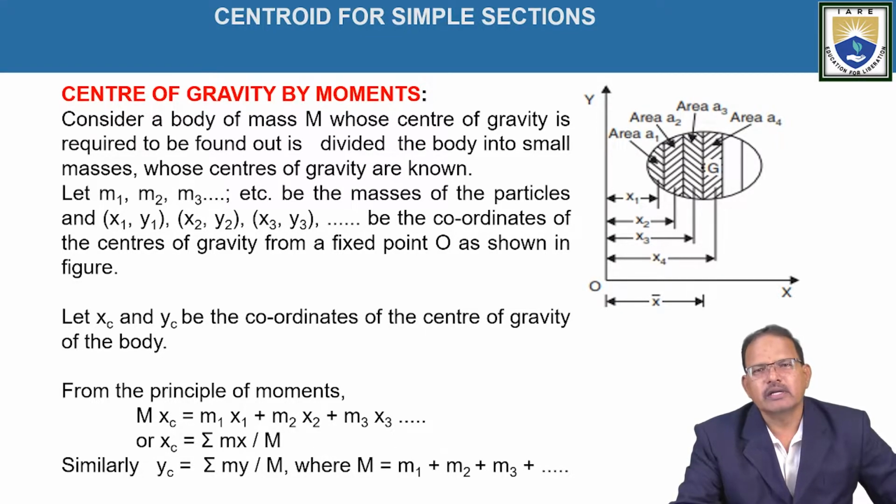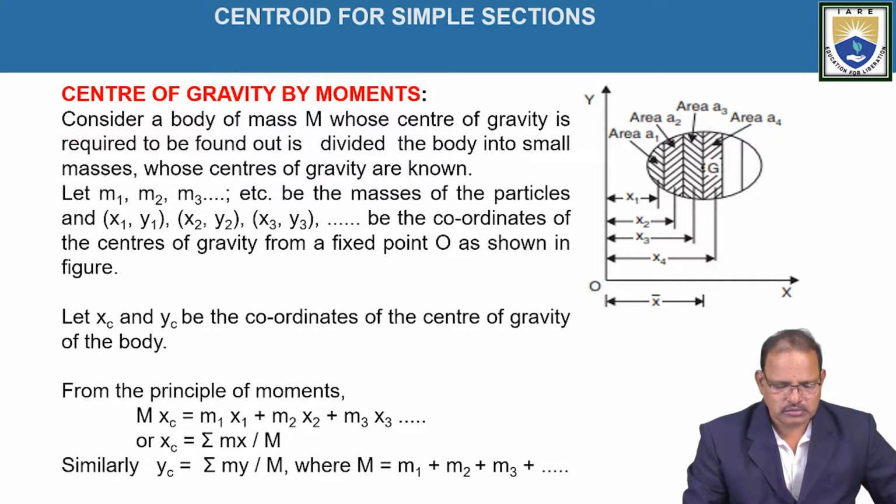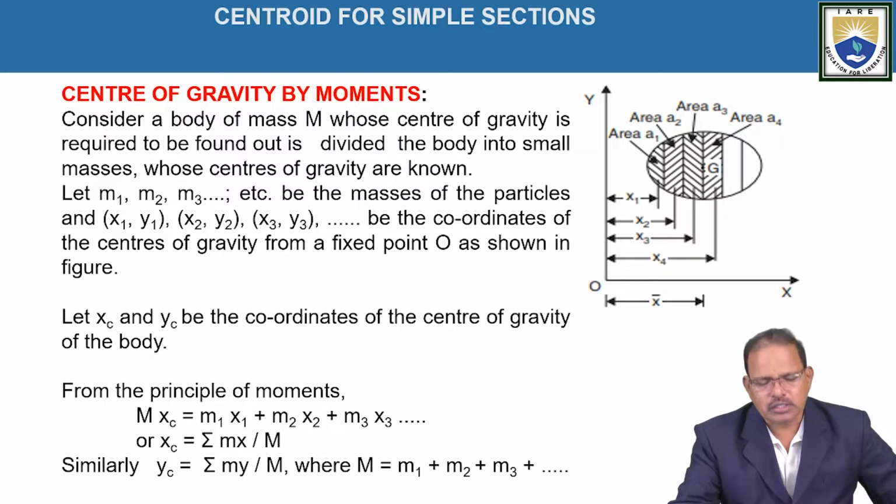From this relationship, we can write xc is equal to sigma mx divided by capital M, where capital M is equal to the sum of the masses of all the segments, which is m1 plus m2 plus m3 and so on. Similarly, yc, the position of the centroid with respect to the x-axis, is given by yc is equal to sigma my divided by sigma m.